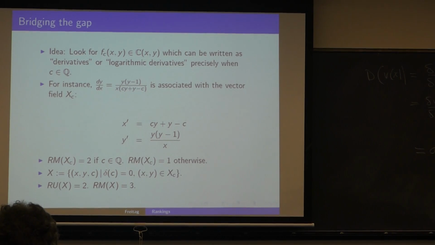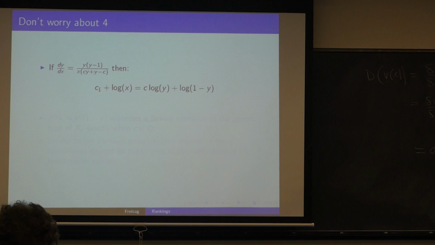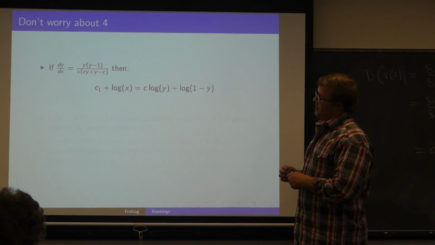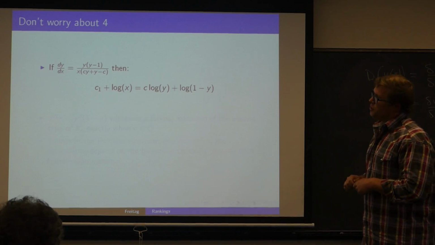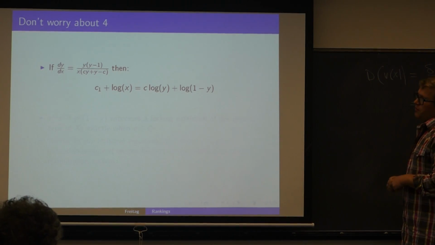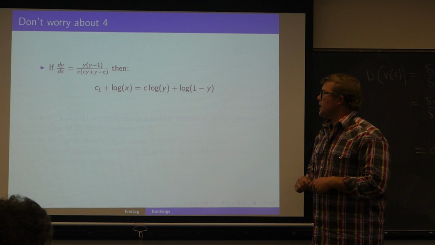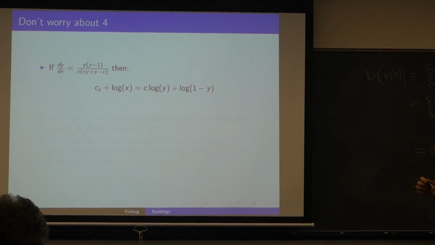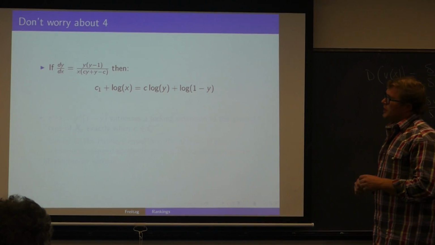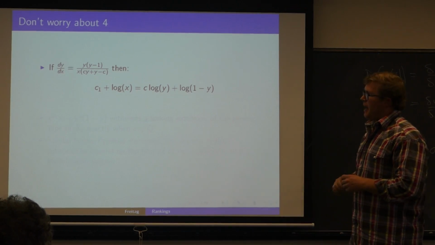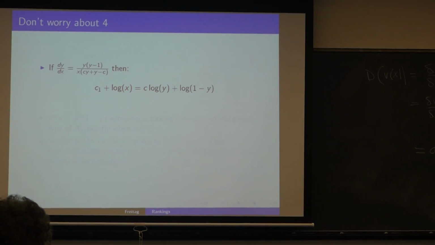And there's another way of seeing this, of course, after you discover such an example. I discovered it by using this version of Rosenlicht's theorem that I proved. But what's really the reason that it happens? Well, if you look at solutions which are meromorphic functions, using Seidenberg's embedding theorem or something along those lines, then you can see that solutions of this equation obey that relation, where C1 is some arbitrary constant.